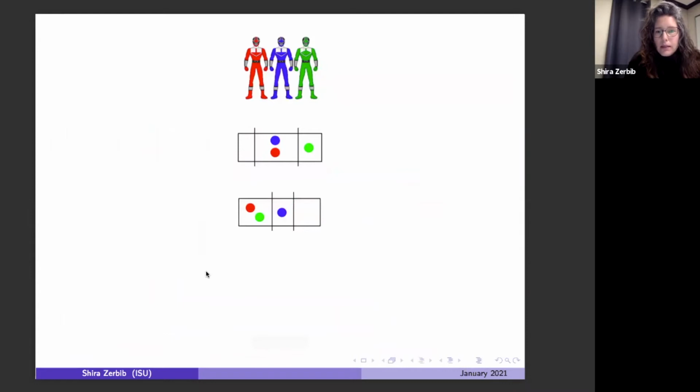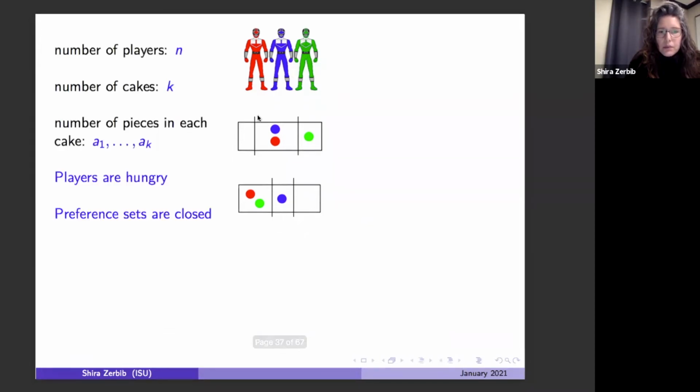Okay, so here is the generalized setting. Now, instead of one cake, we have multiple cakes, and each one of them is to be partitioned into some number of pieces. So we have a number of parameters here. Number of players will always be n. Number of cakes will always be k.